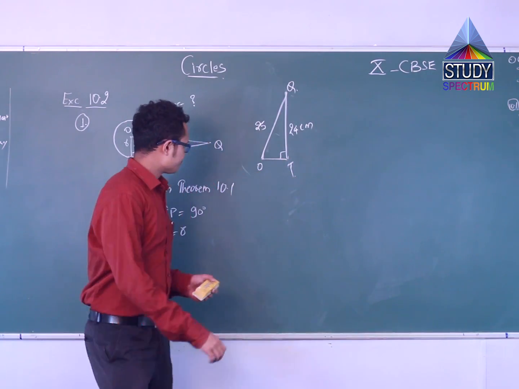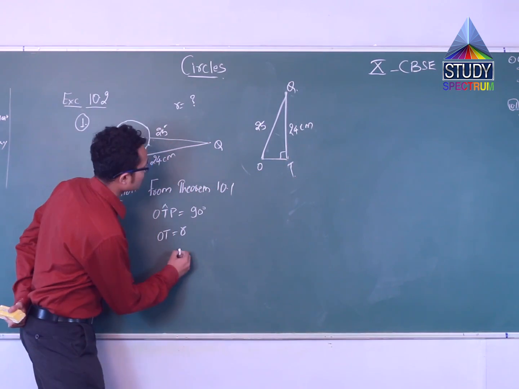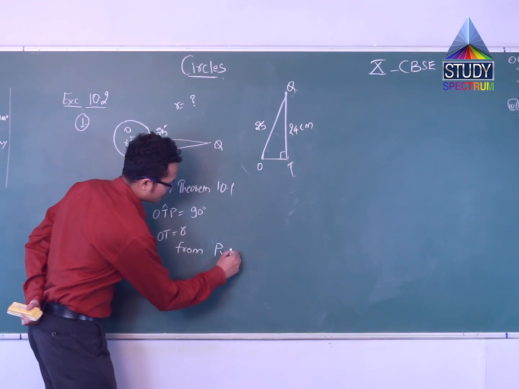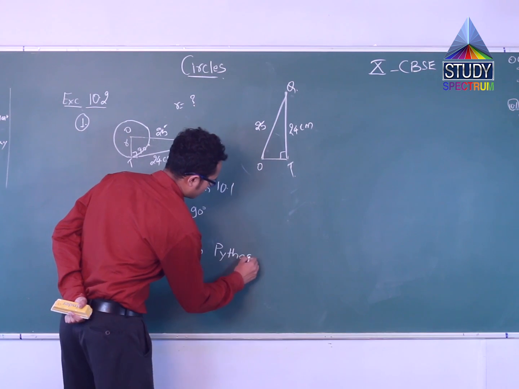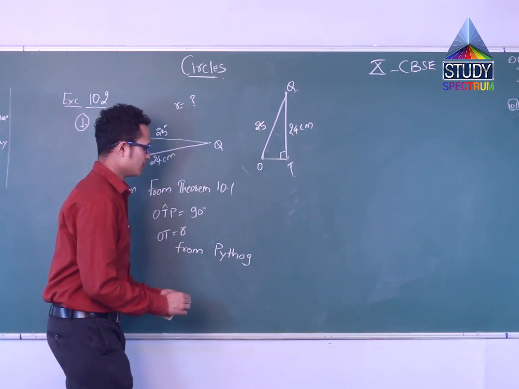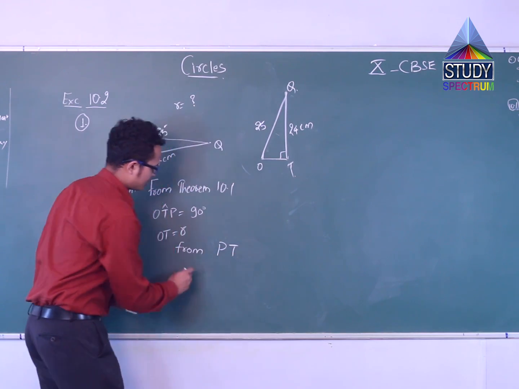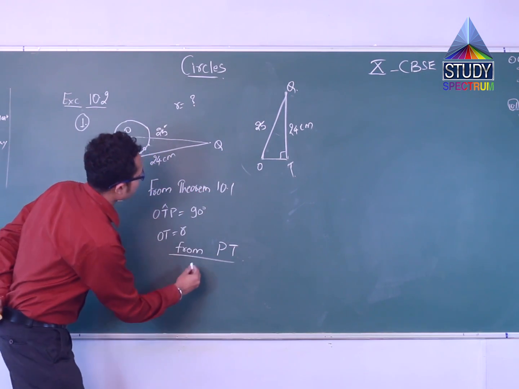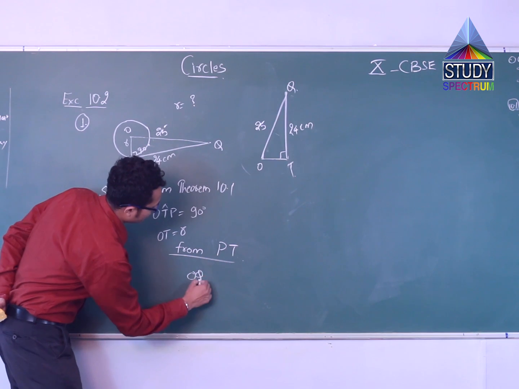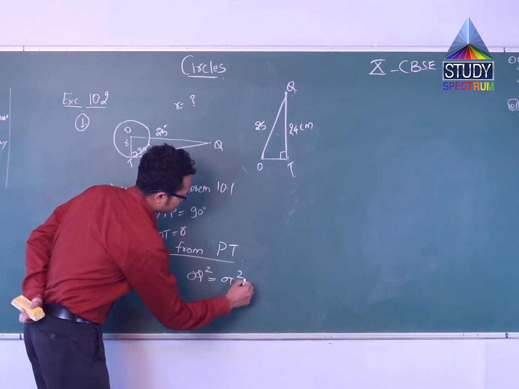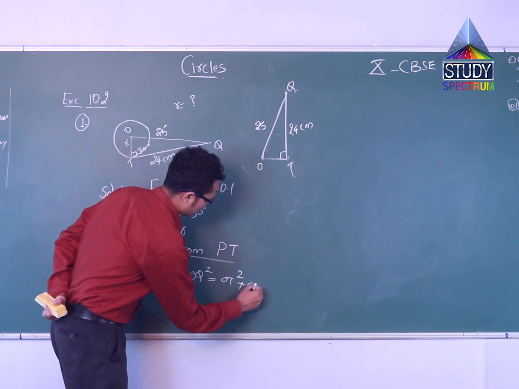So therefore, from the Pythagoras theorem, you have OQ square is equal to OT square plus QT square.